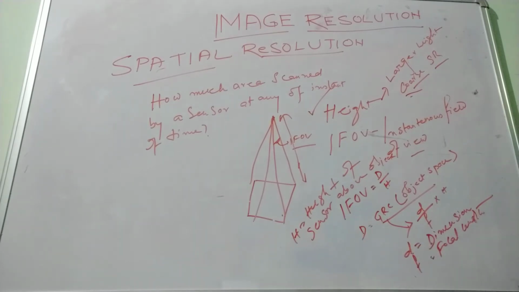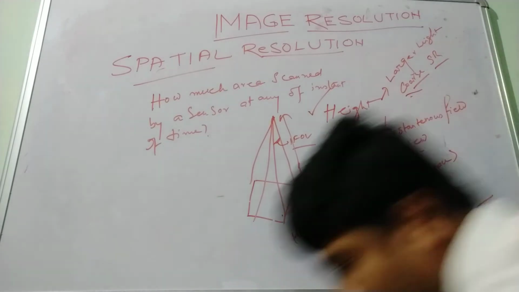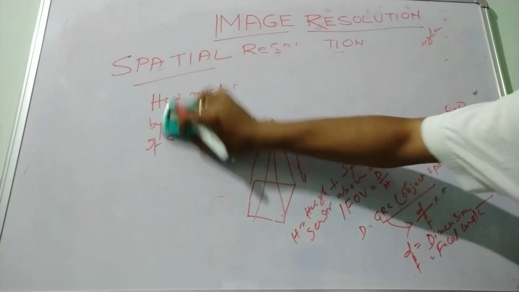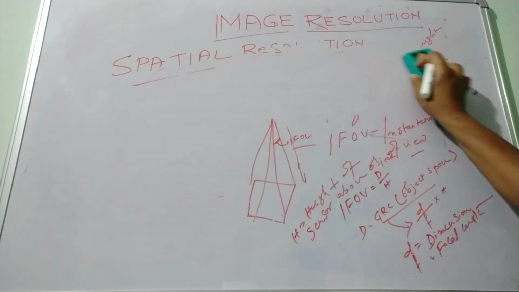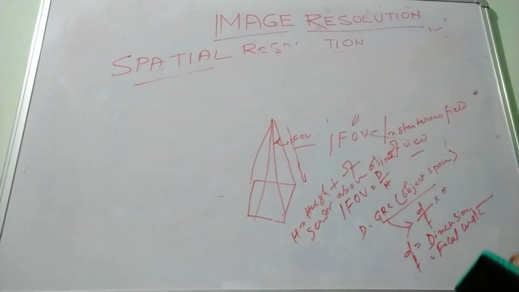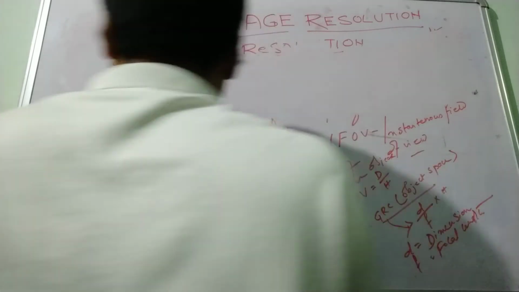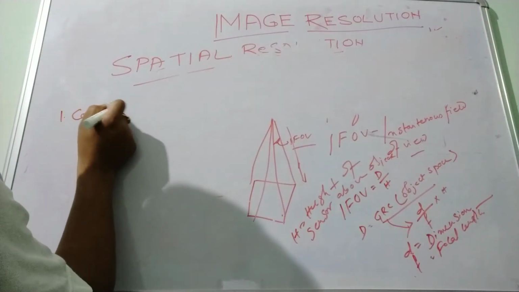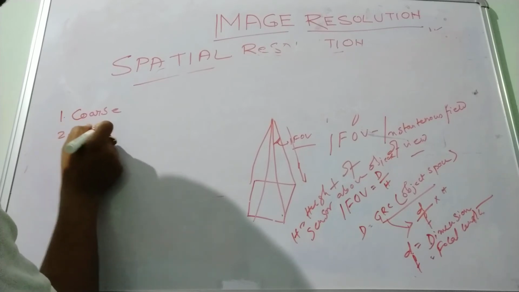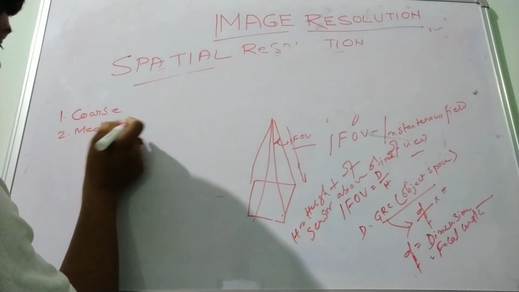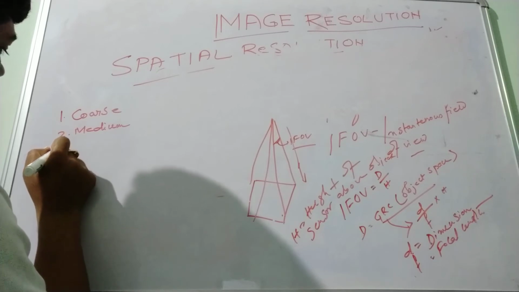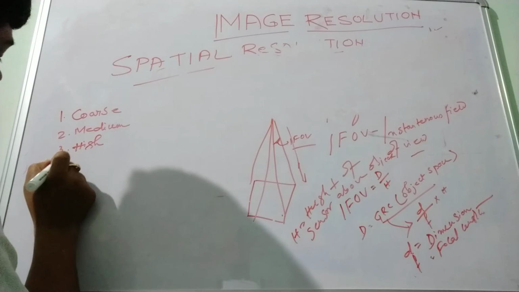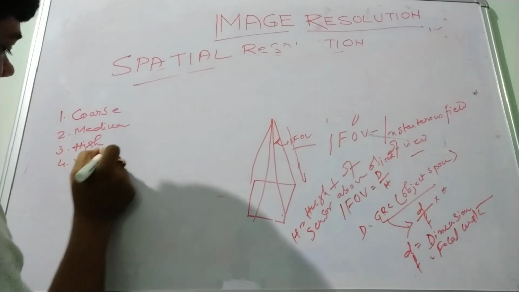Based on the spatial resolution, we can divide it into coarse spatial resolution, medium spatial resolution, high spatial resolution, and very high spatial resolution.